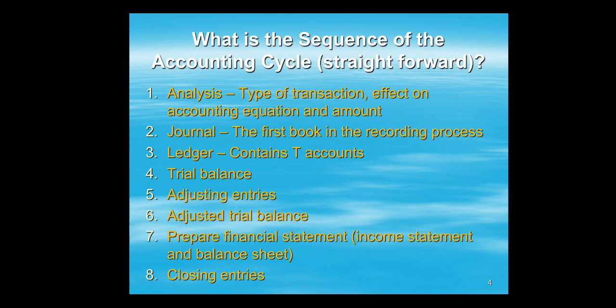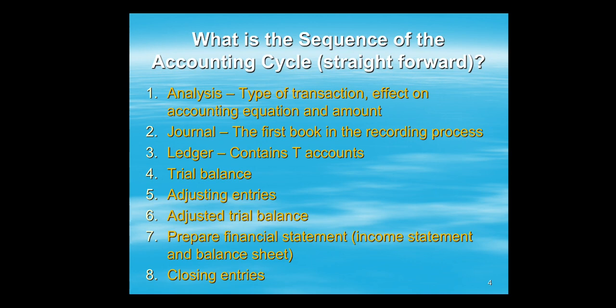A T account is like a section that you can use to record the transaction, and the shape is like a capital T. So when you do step 3, you transfer all the journal entries that you have recorded in the journal to the accounts that you make in the ledger.